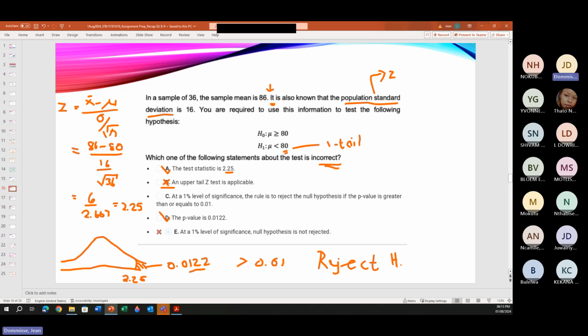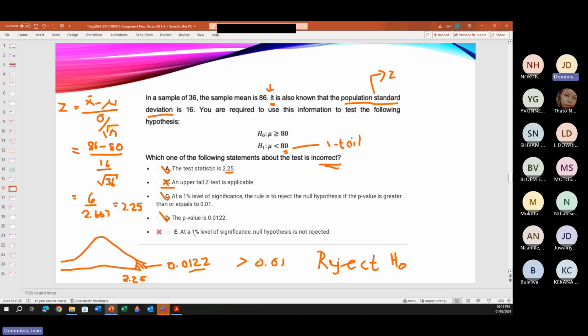But let's also show it on the one where we look at t-stat and critical value. So let's just make 100% sure that we get this right.